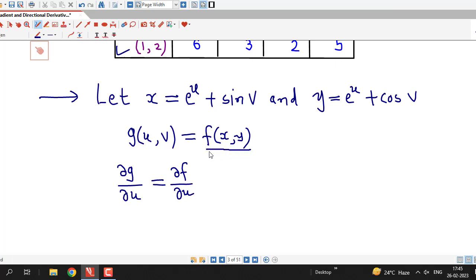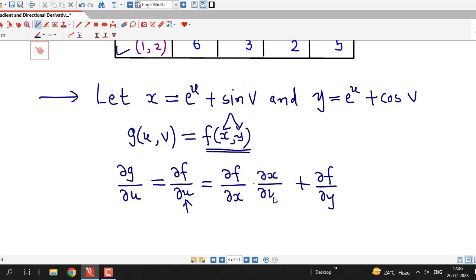Now here f is directly a function of x and y, and x and y are functions of u and v, therefore we will apply the chain rule. f is directly a function of x and y, so first we differentiate f with respect to x and with respect to y, and since we are differentiating with respect to u, in the product we have to write the partial derivatives of x and y with respect to u, del x by del u and del y by del u. This is by the chain rule for partial derivatives.